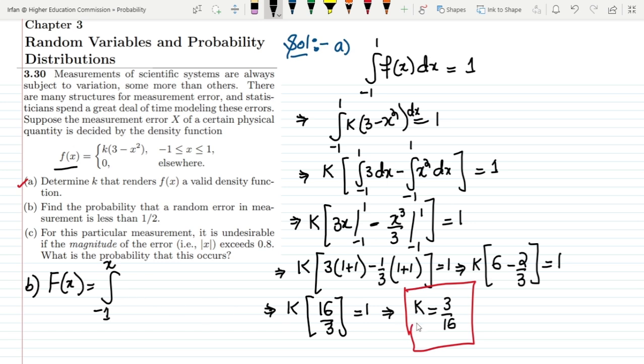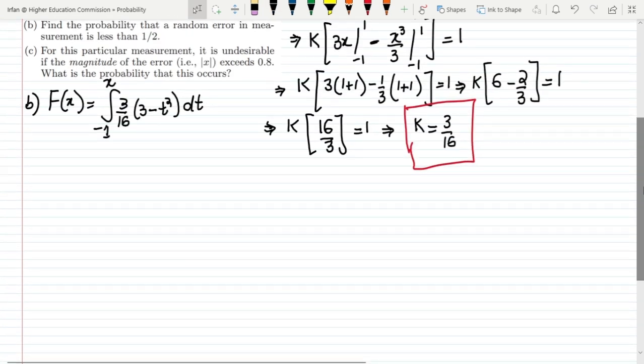The value of k is already known, that is 3 by 16. So 3 by 16, and the other values are 3 minus t square, integrated with respect to t. Integrating it, let me try it here as well.